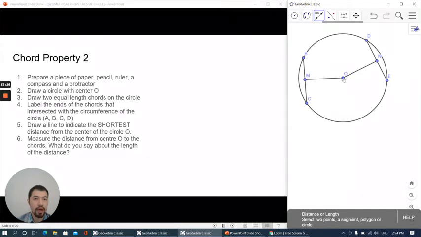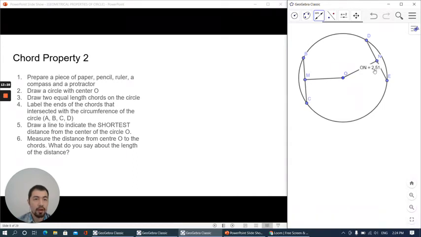If I use this one, I got 2.51, and then this one here is 2.52. They're pretty close.